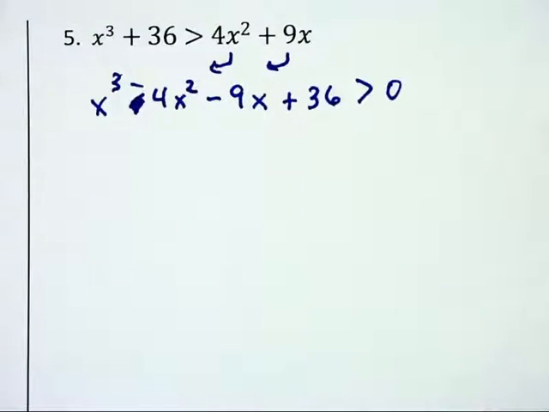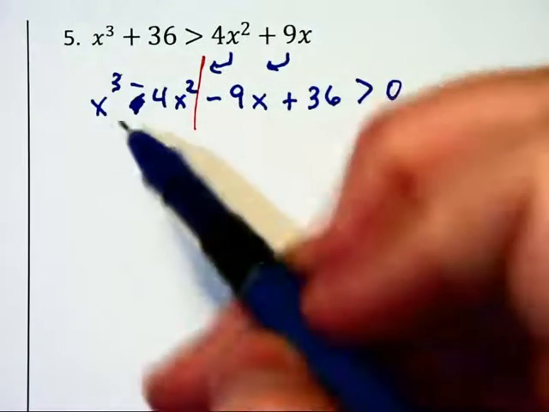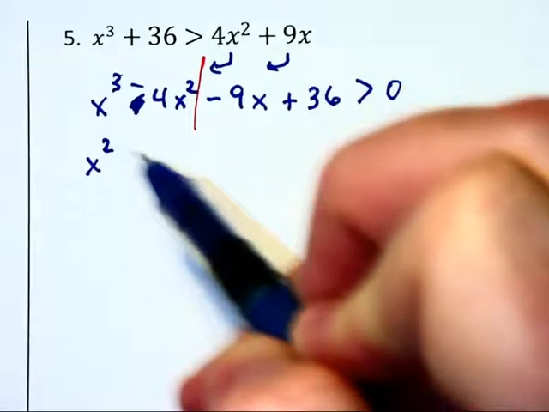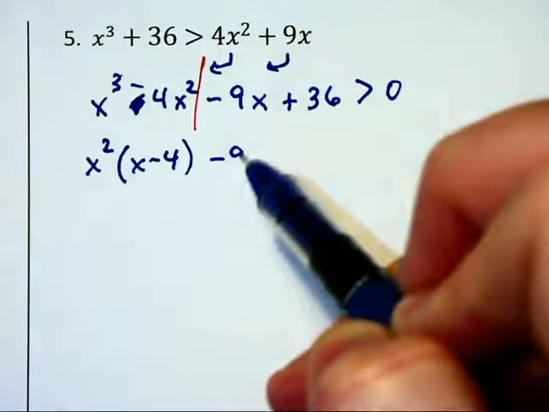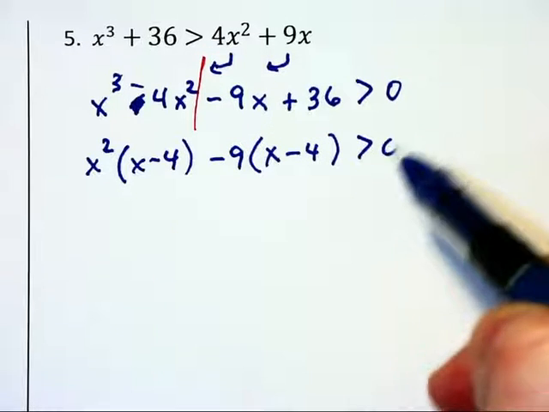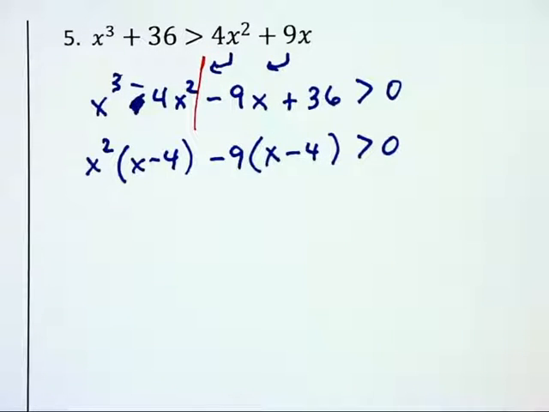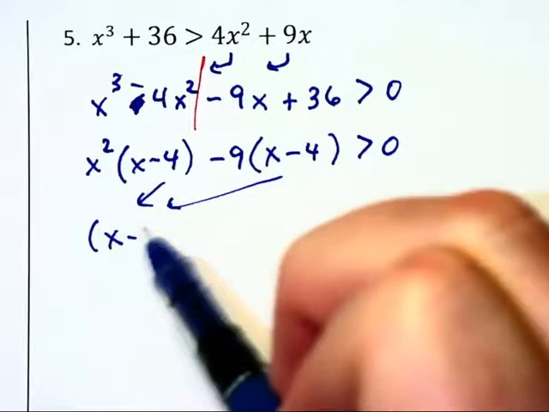I can now factor this by grouping, and out of the first two terms I can factor an x squared and have left over x minus 4, and factor a minus 9 out of the third and fourth term to have an x minus 4 greater than 0. Since I see x minus 4 showing up twice, I can factor it out up front.